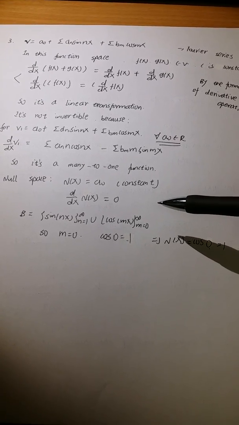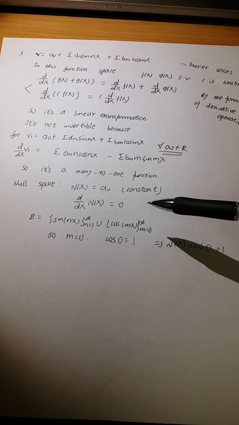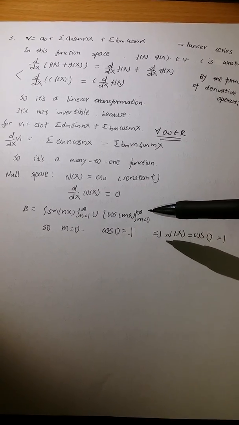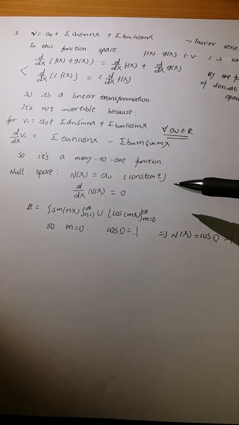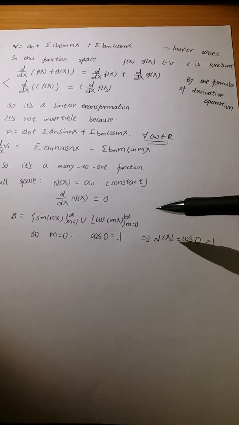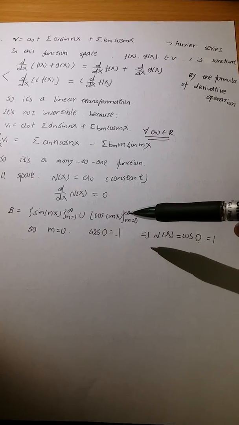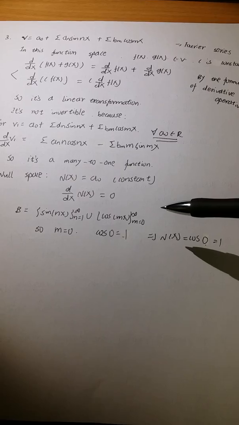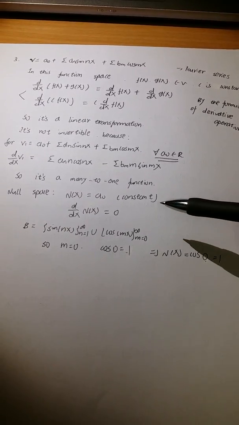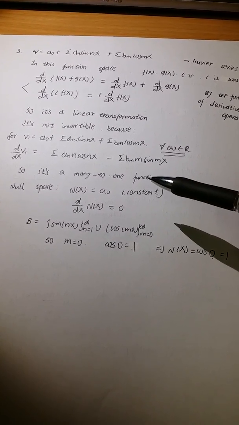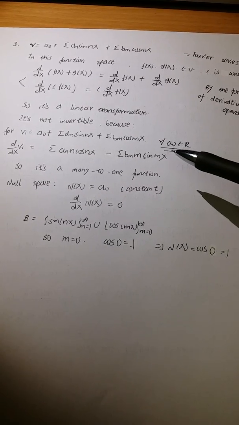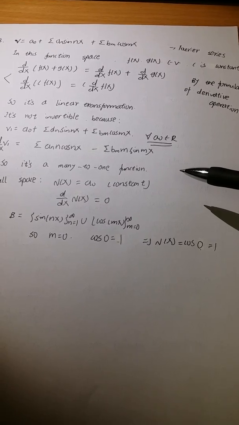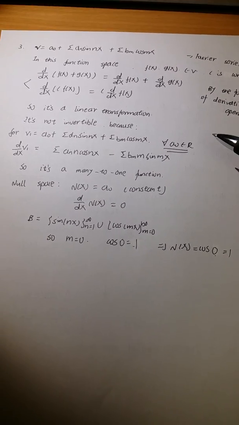In this function set, when m equals 0, there must be a constant 1, because cosine 0 equals 1. So the null space is the function n(x) equals cosine 0 equals 1.